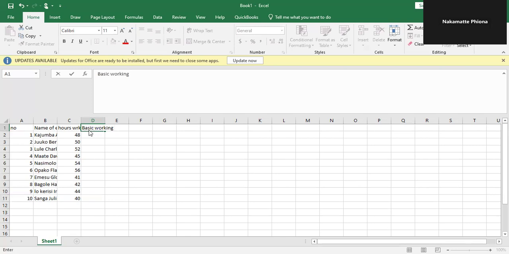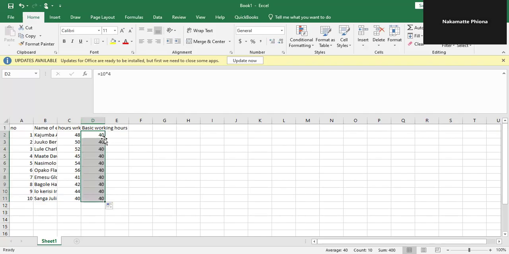Basic working hours equals 10 times 4 for all employees.